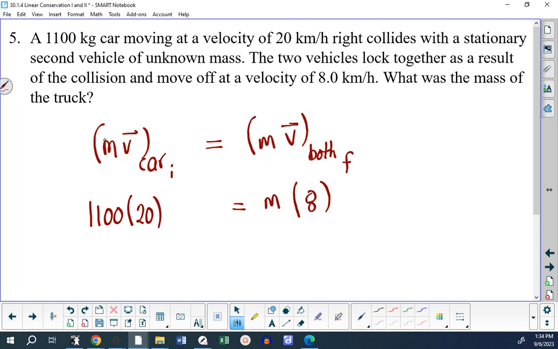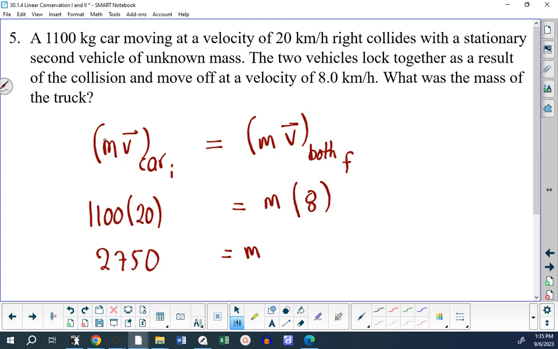1,100 times 20 divided by 8. 27.50, sorry. 27.50? Okay. So M is 27.50. Now you just got a little bit of Sherlock Holmes work to do here. Did anybody else get 27.50?